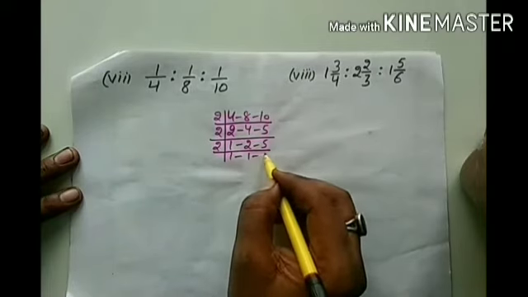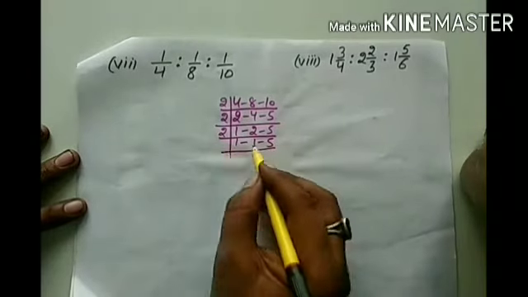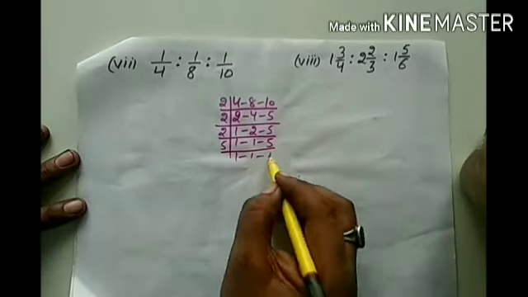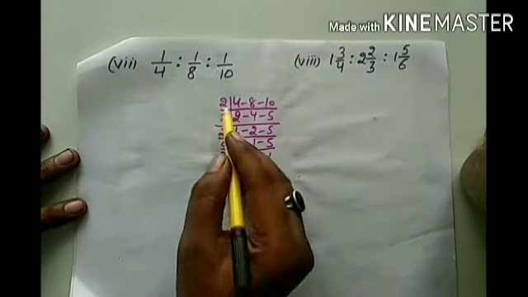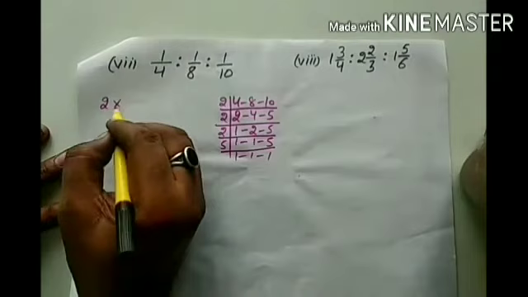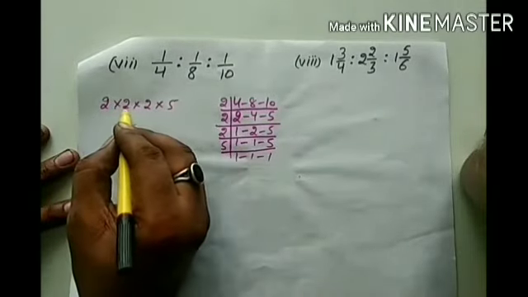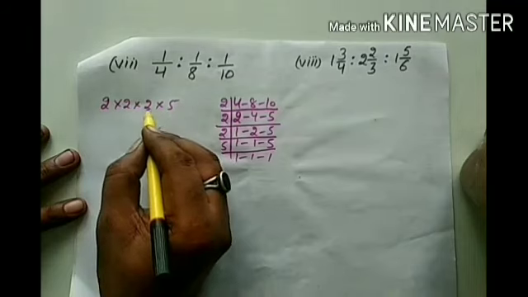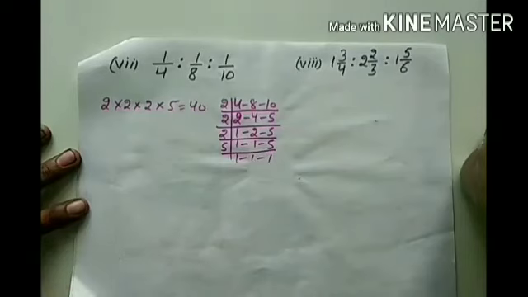This is 1. 5 is not divisible, therefore I will write 5 as it is. Now only the 5 is divisible on the table of 5. Now what is the LCM? 2, 2, 2 and 5. What is the answer? 2 multiply 2, 4. 4 multiply 2, 8. 8 multiply 5, 40. So the LCM is 40.